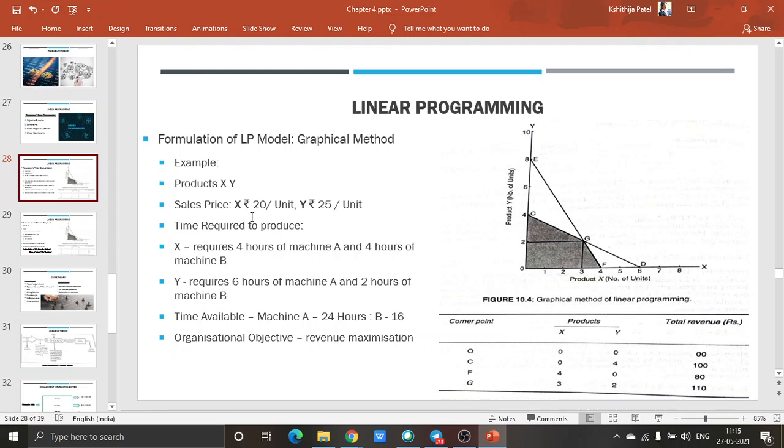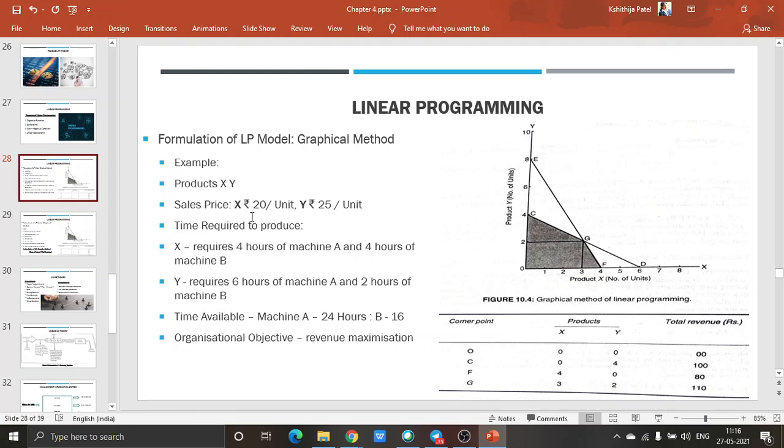That is, machine A is available only for 24 hours and machine B is available only for 16 hours. So the main basic constraint in this problem is the maximum time available on the two machines, that is 24 hours for machine A and 16 hours for machine B.